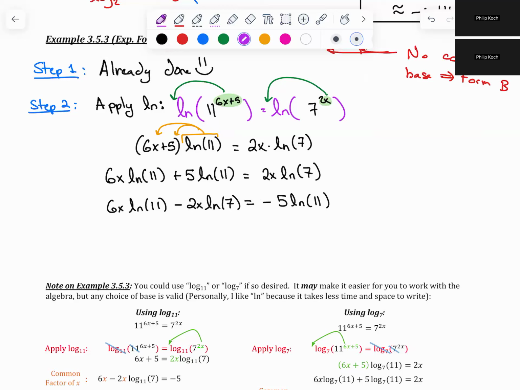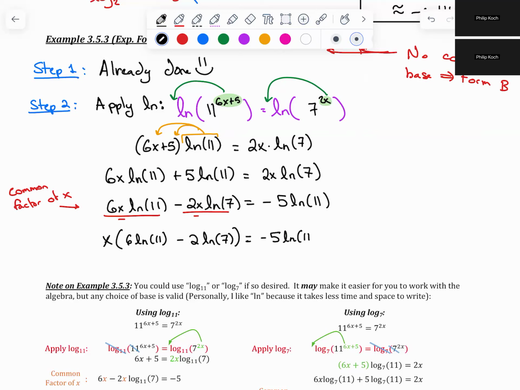And here, there is a common factor of x that we can take out front. We can factor it out, and we'll go from writing 2 different x's to only a singular x on the outside. So this becomes x times the quantity, 6 natural log of 11 minus 2 natural log of 7 equals negative 5 natural log of 11.